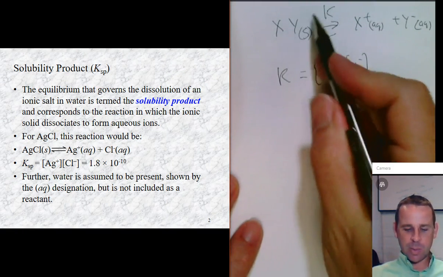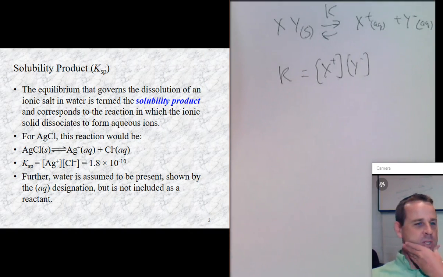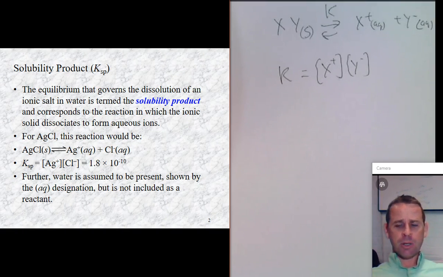Okay? So again, it's a reminder that we leave out the solids, and the questions that they ask are very similar to the questions we've already been asked before. It's just having a little familiarity with what KSP means, and also reminding ourselves that solids are not in equilibrium expressions. There's also a lesson to be learned in this chapter about the fact that if some compound is considered insoluble, like an ionic compound that's insoluble, there's always some degree to which it's soluble. 1.8 times 10 to the minus 10, a very low value, especially for the product of these two ion concentrations.